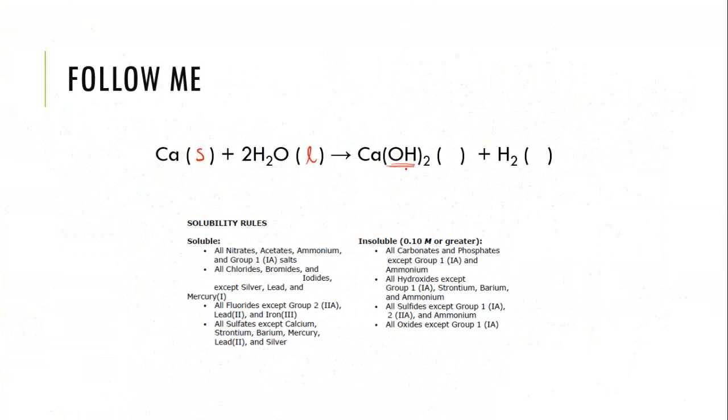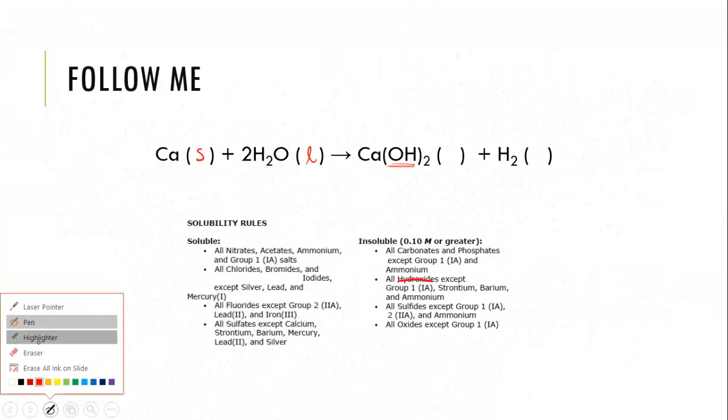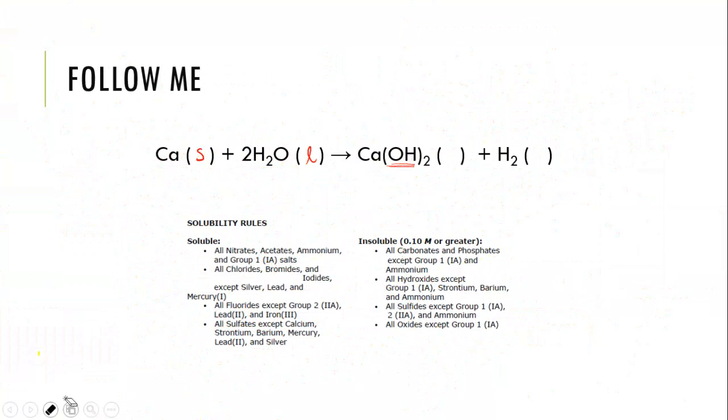This is a hydroxide. So a hydroxide is going to be here. The hydroxides are going to be insoluble unless it is with a group 1A, strontium, barium, or ammonium.